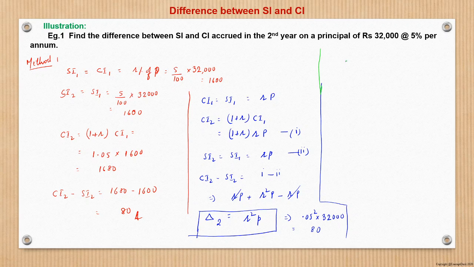So let us see what happens. Here R is given as 5%, which is 5 by 100, which is 1 by 20, and time is 2 years, I mean the second year.